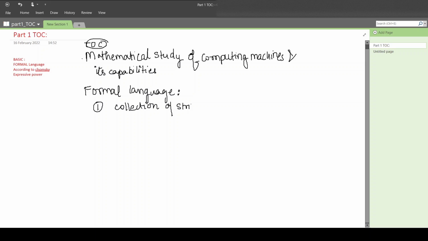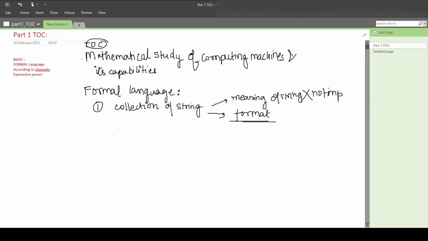But the difference here is that the meaning of the string is not important. What's important is the format. If we have that format, we can build a language.